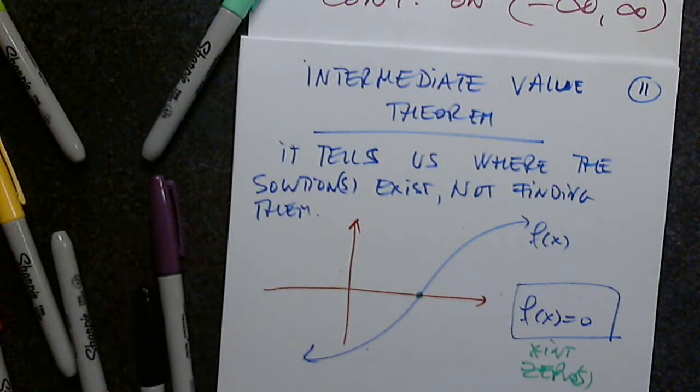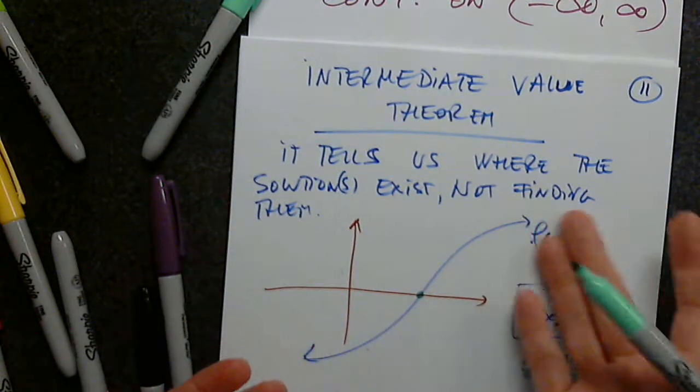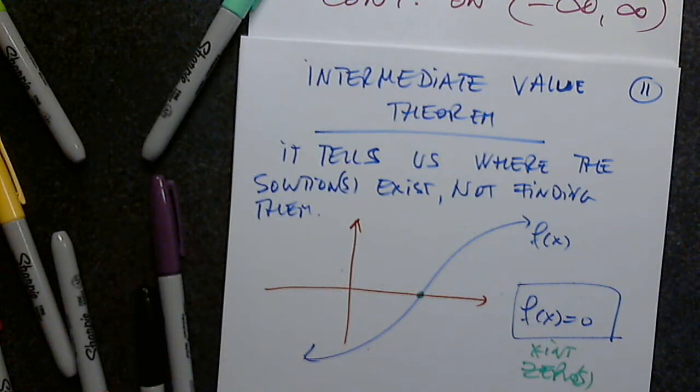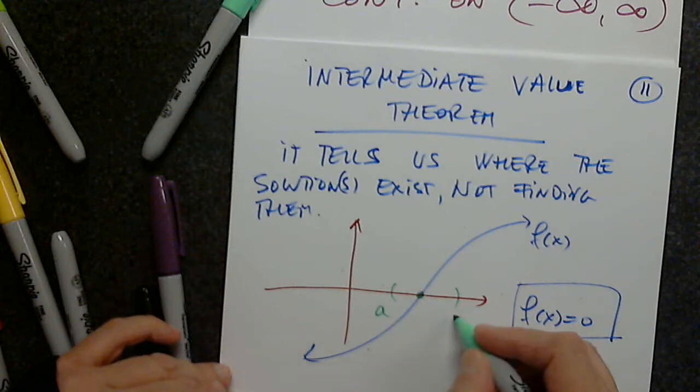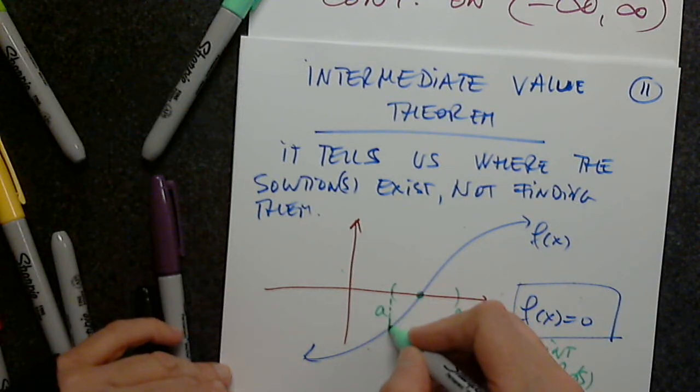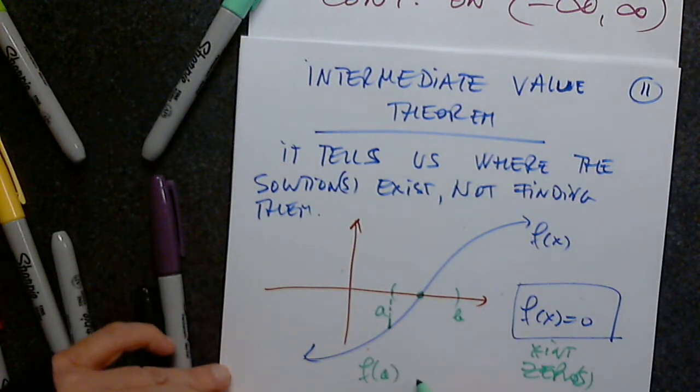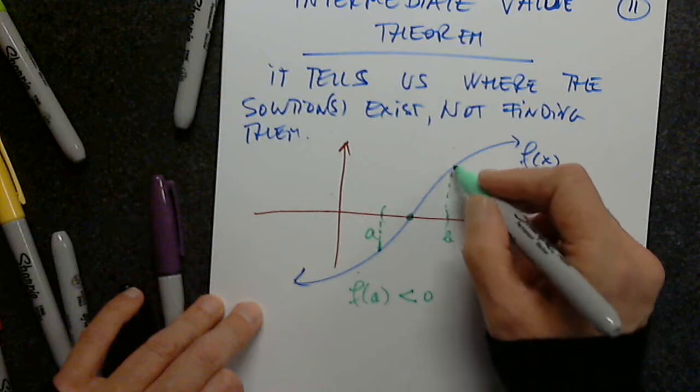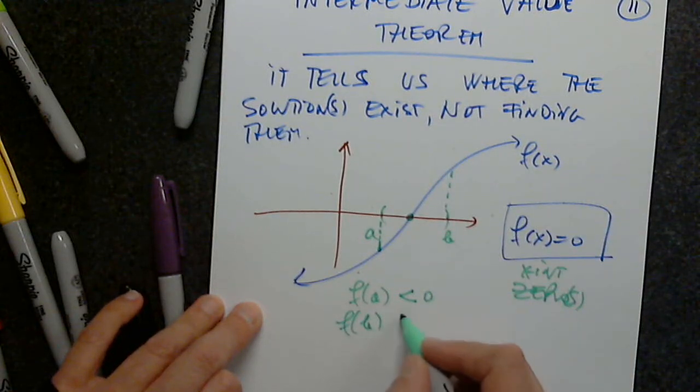So, would you accept that this is a continuous function, the way I graphed it? Do you accept that, for example, on the interval a comma b, on the left-hand side, f of a is positive or negative? Negative. Good. And would you accept that f of b is a positive number?